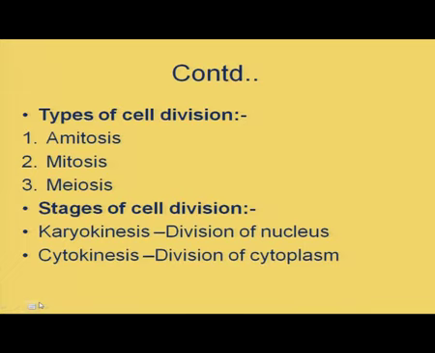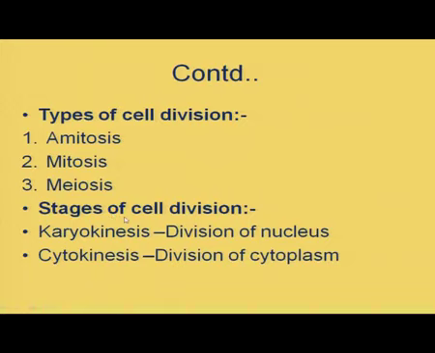Now coming to the different types of cell division. One is amitosis, the other is mitosis, third one is meiosis. So, how many different types? Yes, 3 different types of cell division: amitosis, mitosis and meiosis.